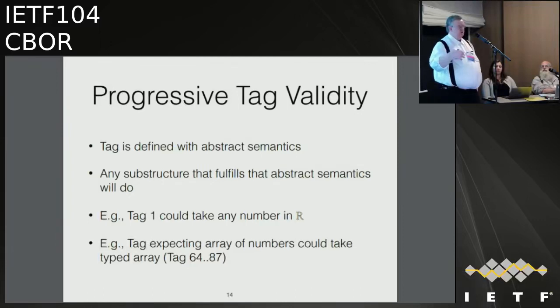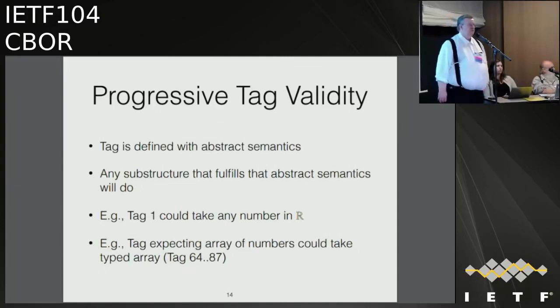A situation where I would have to wait for the generic decoder to accept a certain new tag combination so I can write my application, that would be bad. But if we say it's actually the job of the generic decoder to deliver tag combinations it doesn't understand as is to the application, we are not running into this deployability problem. I think that's one thing we have to make very explicit.